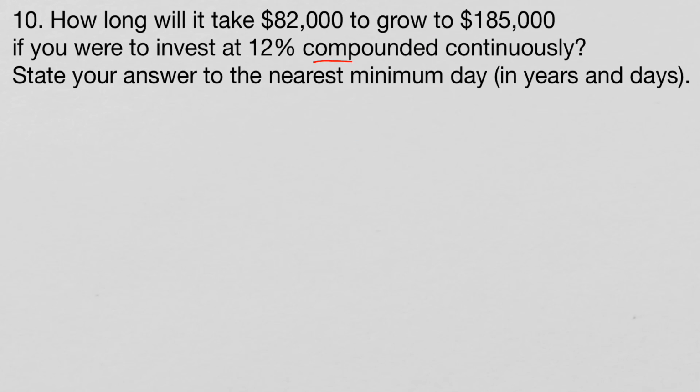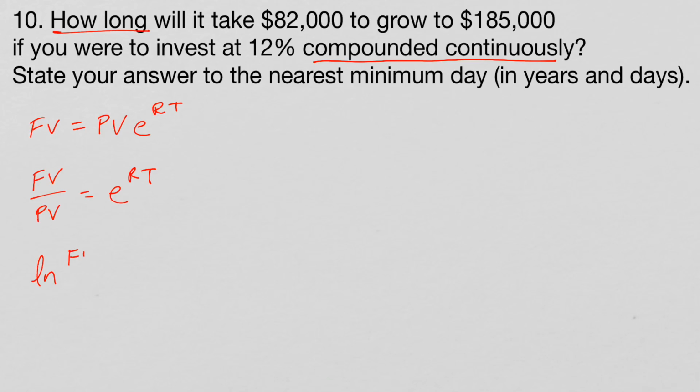Okay, here we're compounding continuously, and it's asking how long. So future value is equal to the present value times e to the rt. And we're after time. So I'll divide each side by present value. Now to get that variable out of the exponent, I'm going to natural log each side. And then we're after time, so I'll divide each side by r.